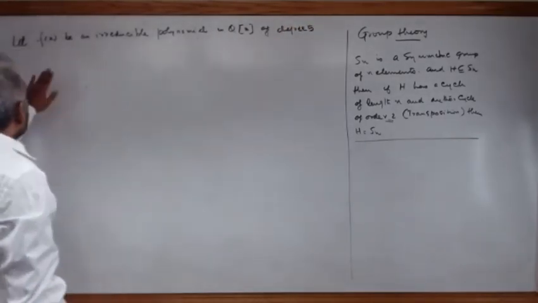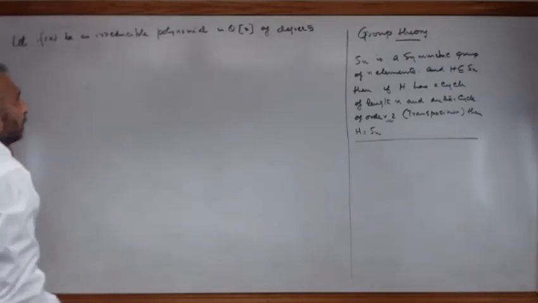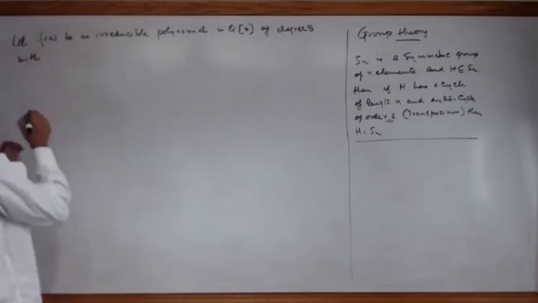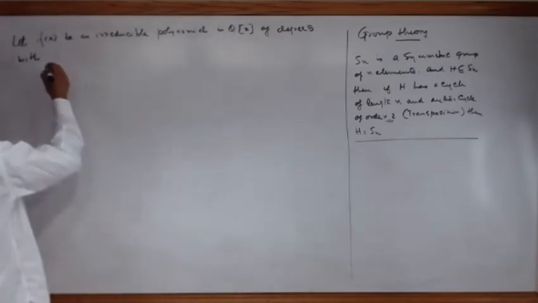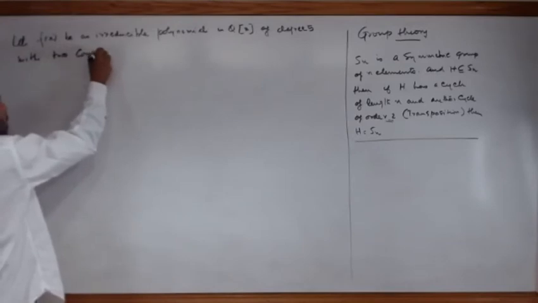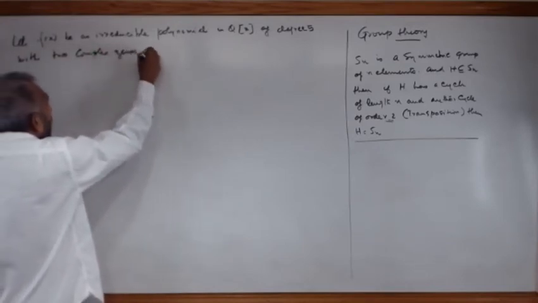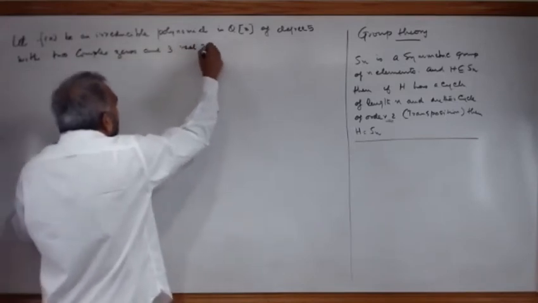So definitely this polynomial has 5 zeros. The condition on the zeros is like this: two complex zeros and three real zeros.